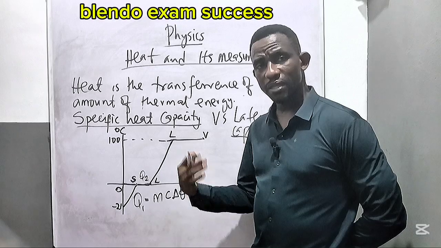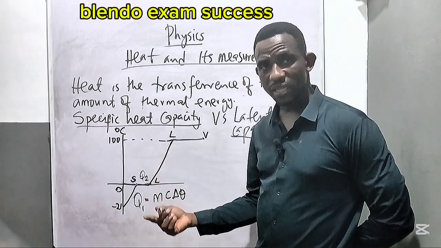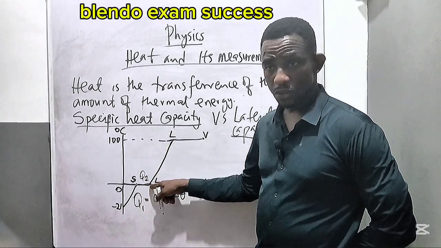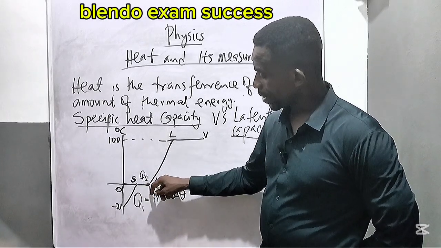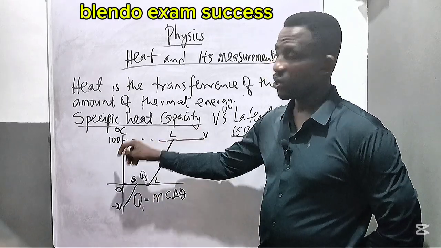As you add more heat, the temperature will begin to change again when this has completely turned to liquid. So from here, the temperature will start rising again until it gets to 100 degrees Celsius.